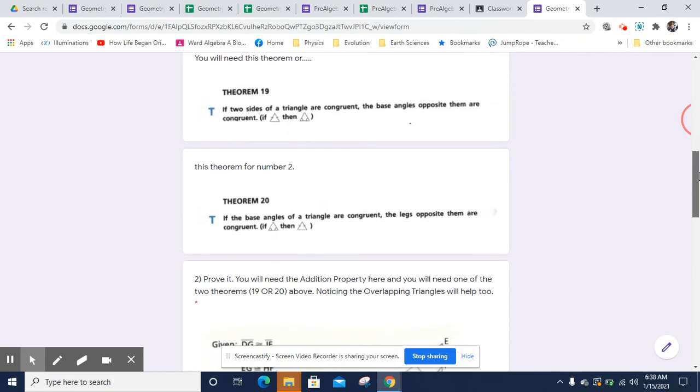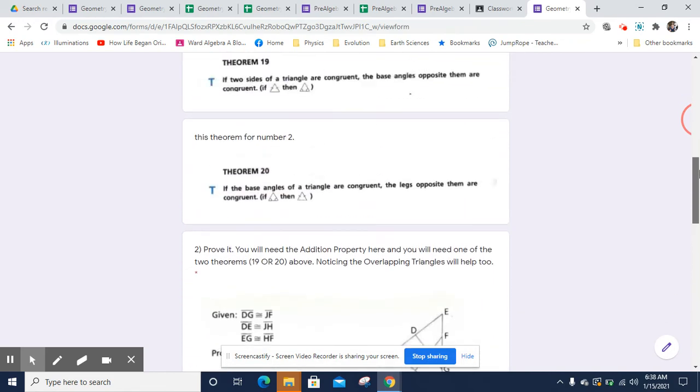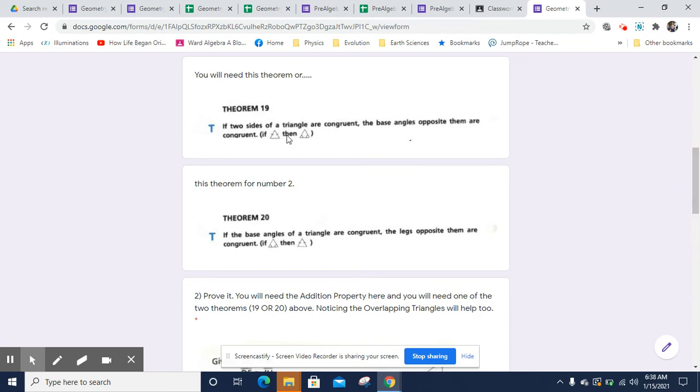For the next one, you're going to need one of these theorems from the isosceles triangle theorems section of chapter 3. But you may know this already. If two sides of a triangle are congruent, the base angles opposite them are congruent.